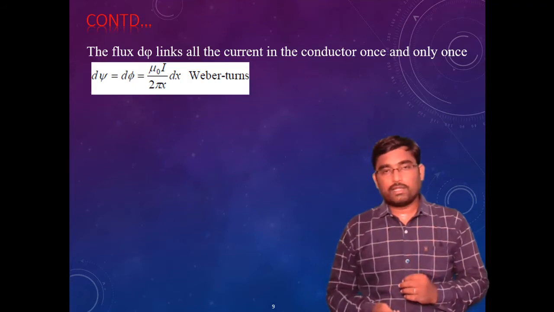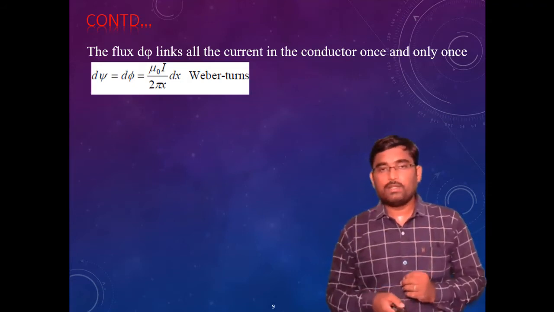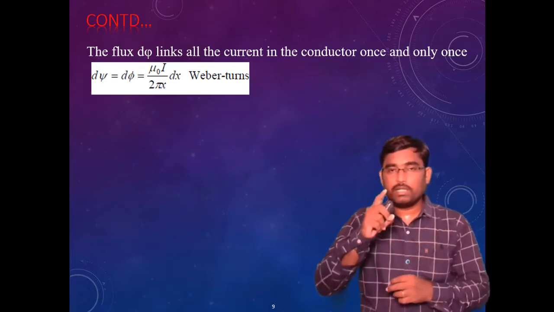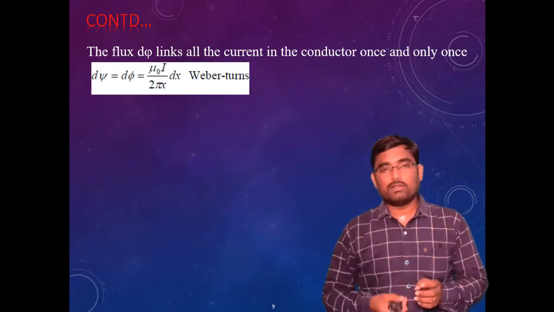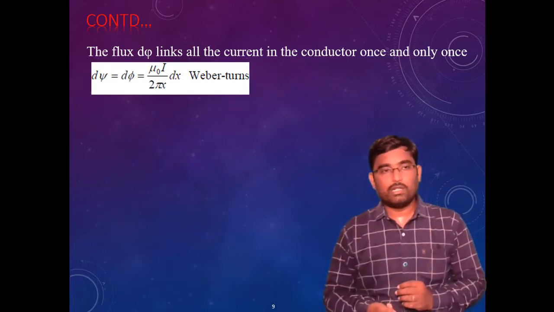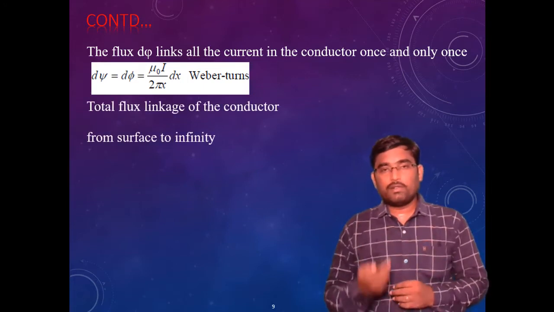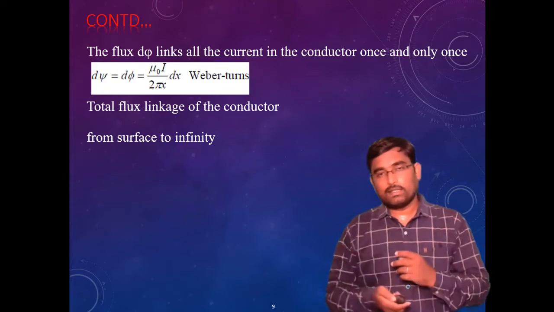So you can write the flux linkage as d psi equals d phi into 1. This flux is linking with one conductor only, and one conductor means here we can take it as one turn. So d psi equals d phi into 1, that is mu naught I by 2 pi x dx. Now the total flux linkage can be written as total internal flux plus total external flux.